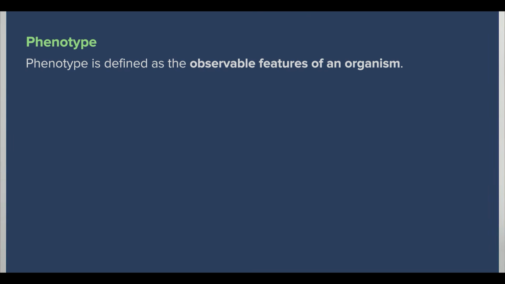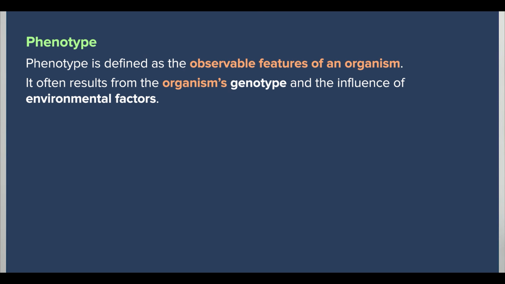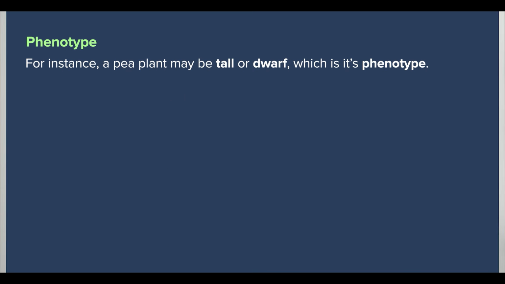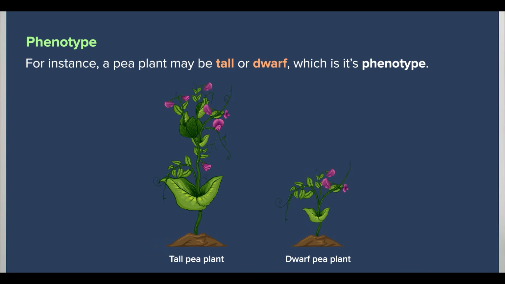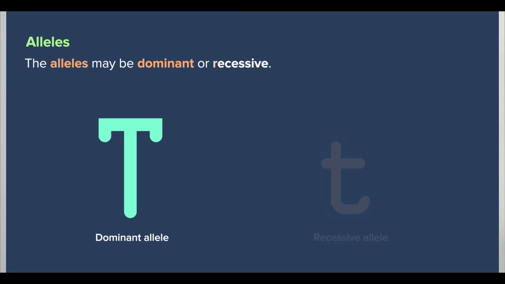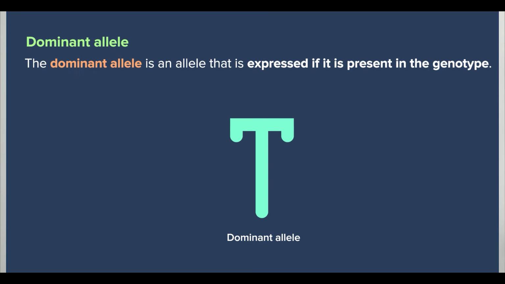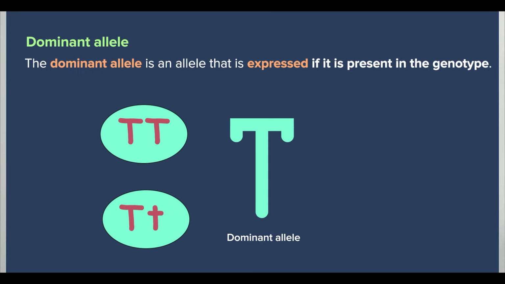On the other hand, phenotype is defined as the observable features of an organism. It often results from the organism's genotype and the influence of environmental factors. For instance, a pea plant may be tall or dwarf, which is its phenotype. Likewise, the alleles may be dominant or recessive. The dominant allele is an allele that is expressed if it is present in the genotype.